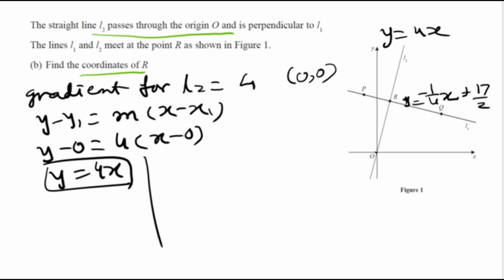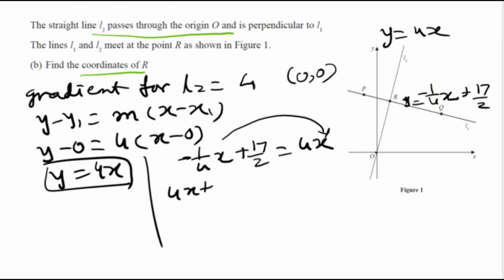I can write it down: minus 1 over 4x plus 17 over 2 is equal to 4x, and find the x coordinate by simplifying it. So I am taking the minus 1 over 4x to this side: 4x plus 1 over 4x is equal to 17 over 2. When you simplify this, you will get 17 over 4x is equal to 17 over 2.